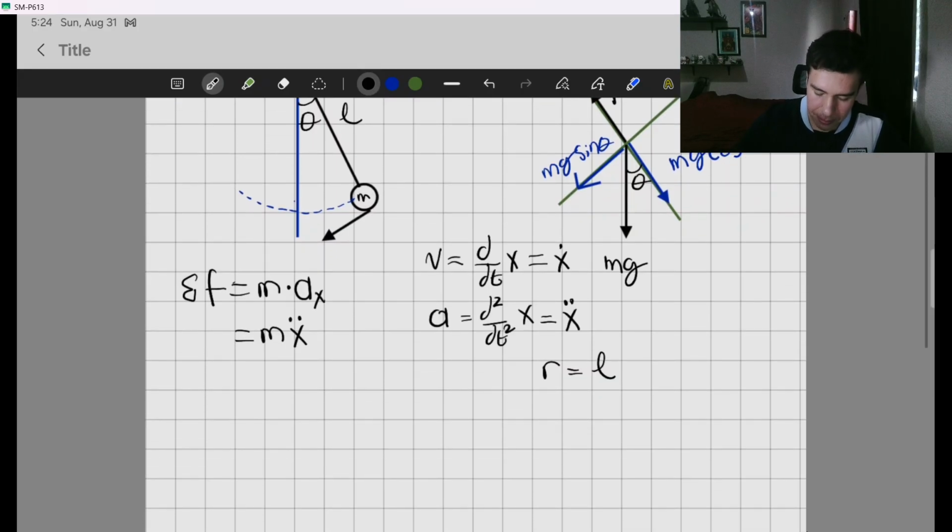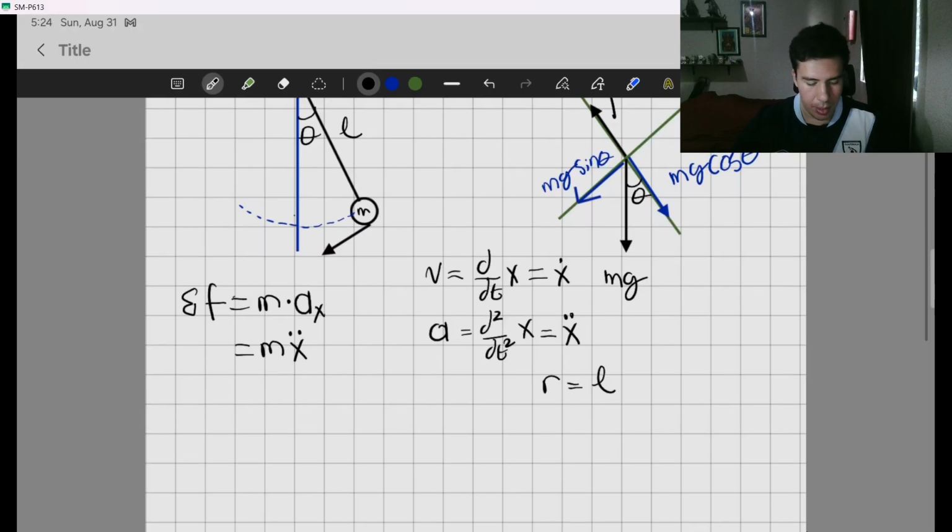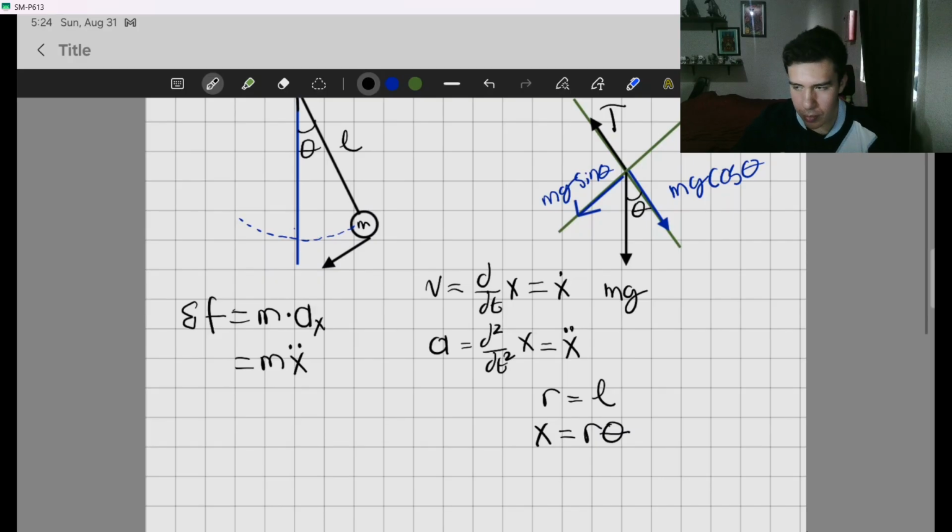Okay, the other thing that we need to consider right here is the x position. Here the x position will be based on r theta. This is basically the equation of this arc right here, the equation of a circular arc.